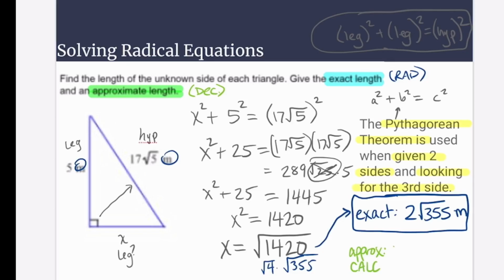That's going to be 37.68288, and it's going to keep going. But the next number is 2, so let's round to the hundredth just to make it easier. That 2 is going to round down, so we can get rid of that. And the units are going to be meters. So there's your exact length, there's your approximate length, and Pythagorean theorem.